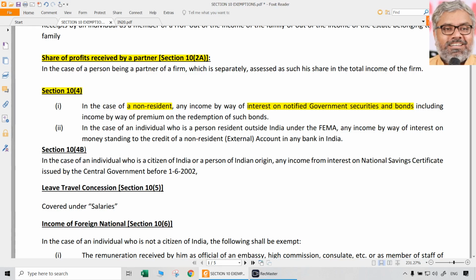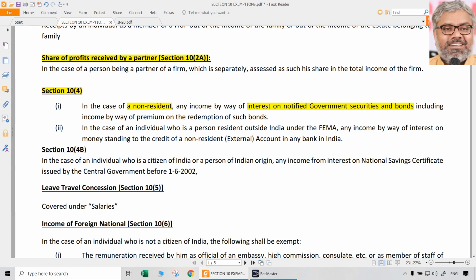We don't need to know what those notified bonds and securities are. There will be some notified bonds and securities issued by the government, and if a non-resident subscribes to them and receives interest on that, that will be exempt. Because those bonds already have this provision, they are as good as tax-free bonds issued to non-residents.